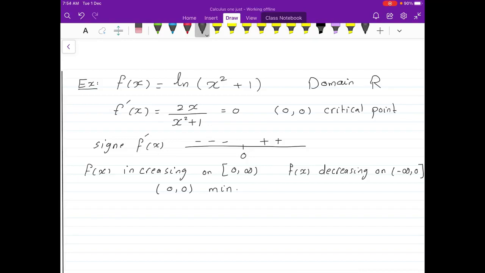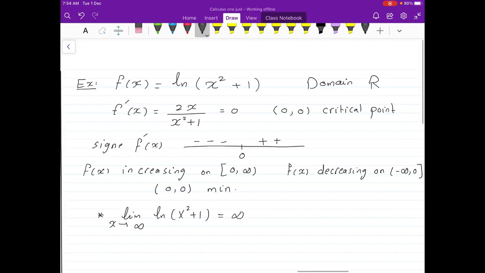This function has no horizontal asymptote. If you try to find the limit of ln of x squared plus 1 as x approaches infinity, it equals infinity.